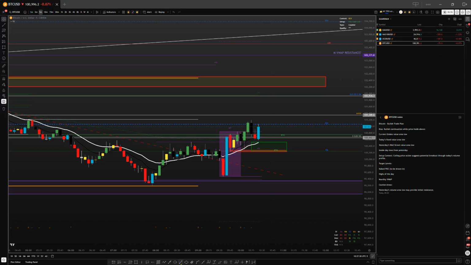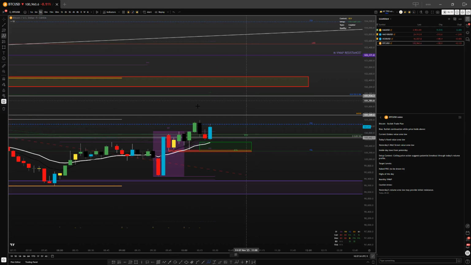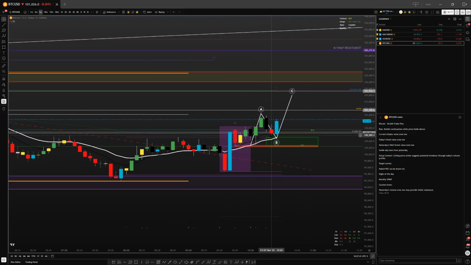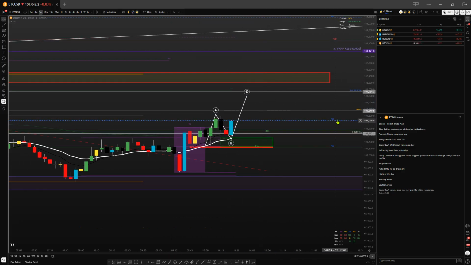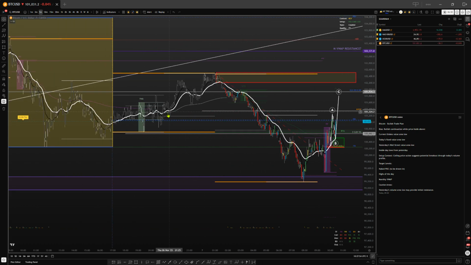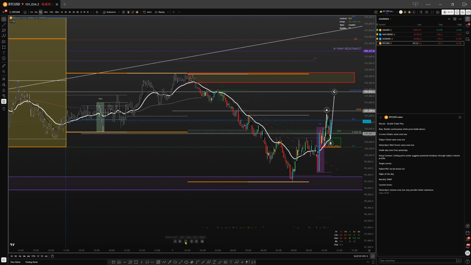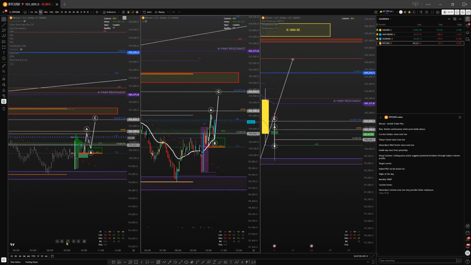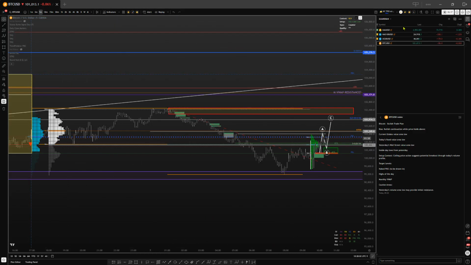Now, what's developing at the moment is an ABC into a new half hour, in anticipation of the C leg continuing out above the closing price of yesterday, the previous day close, being lured in by the naked point of control acting as a magnet on the TPO chart inside of yesterday's inside day range.